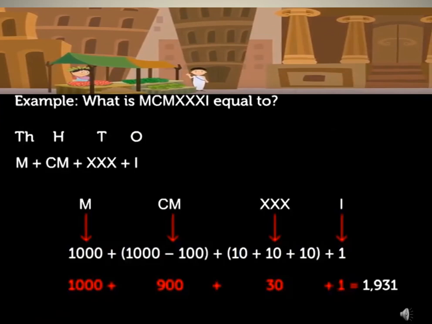To read and write larger Roman numerals, for example, what is MCMXXXI equal to? Keeping in mind the rules explained earlier, we first write this number into thousands, hundreds, tens, ones as M plus CM plus XXX plus I. In order to solve it further, now let us write down the values of the respective numerals.